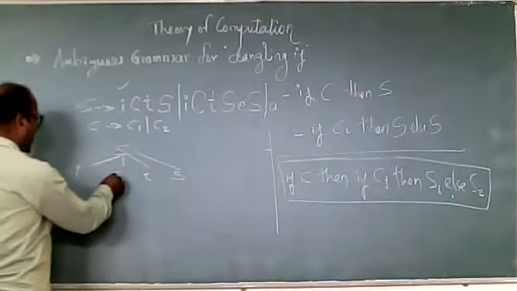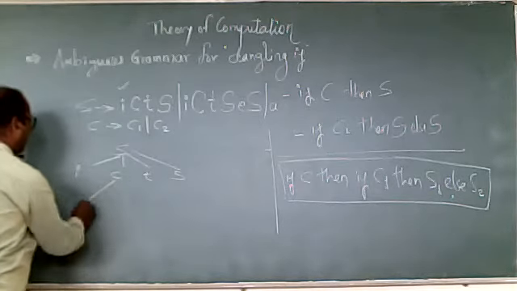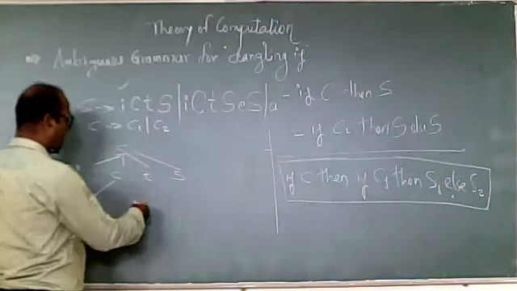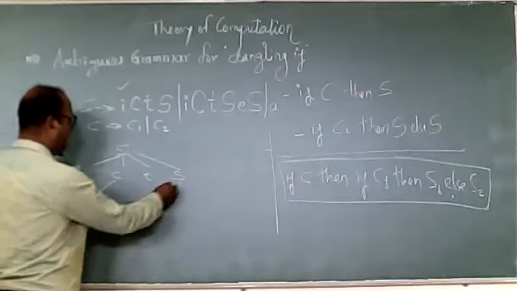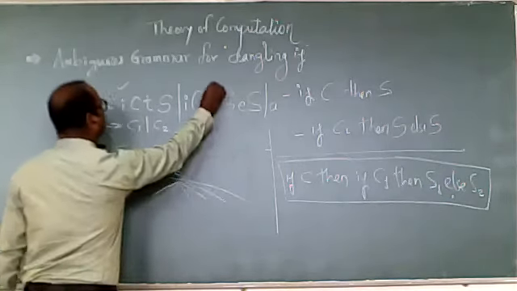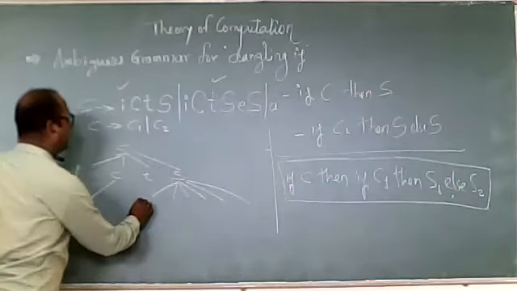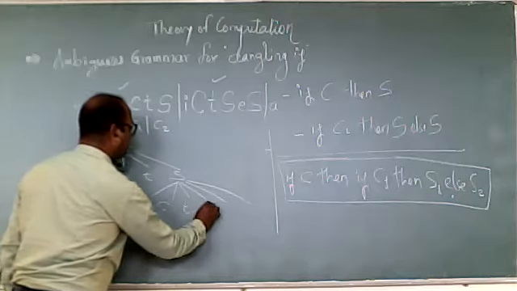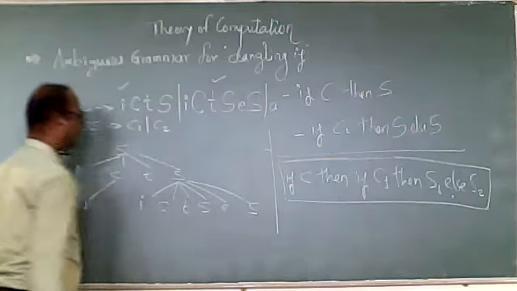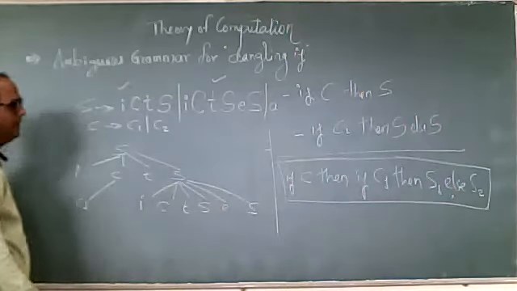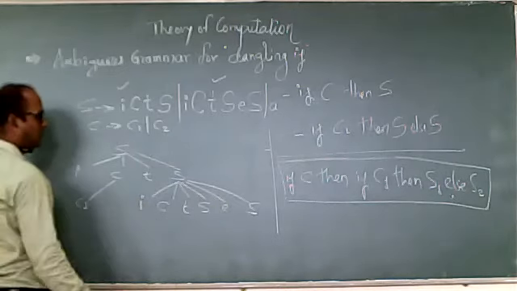Okay. Now this I will say is the condition 1. If C1, then this S I will expand with the if condition, then statement, else statement. Now, if we read this: if C1, then if C, then S1, else S2.